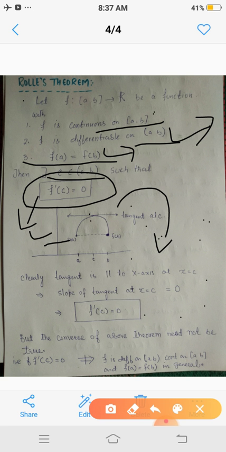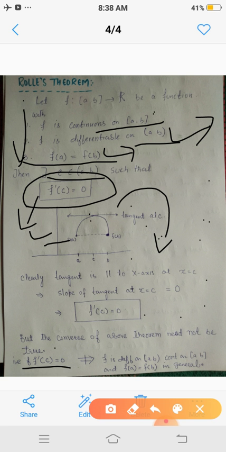So the conditions that f is continuous, f is differentiable, and f(a) equals f(b) are only sufficient conditions. Sufficient means that when a function satisfies these three properties, it implies that f'(c) equals 0. But it is not a necessary condition. Necessary would mean that when f'(c) equals 0, it should imply these three properties.